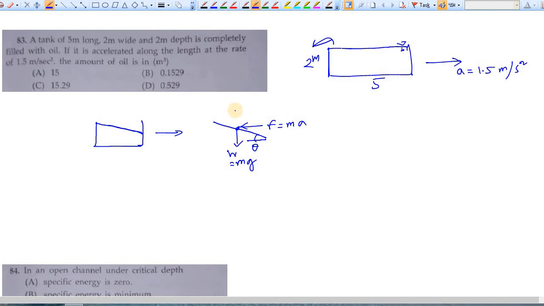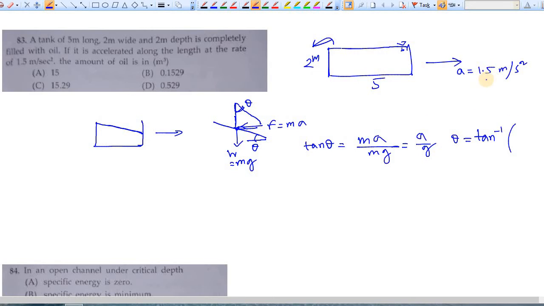If you complete this triangle, this is theta, and tan theta is nothing but ma over mg. So tan theta is coming as a by g.